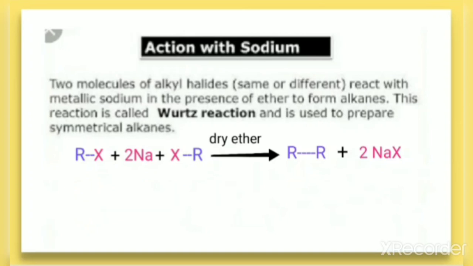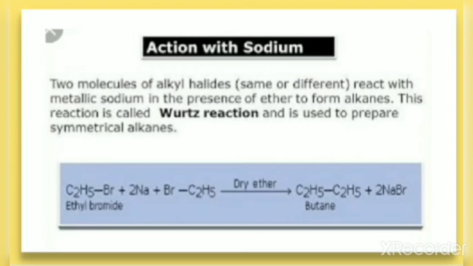Let us take one particular example. That is C2H5Br plus 2Na plus BrC2H5. I told you the second molecule of alkyl halide, the same alkyl halide, you have to write in this way so that we can easily frame the product. That is removal of one Br from here, 2Na from here and 1 Br from here.